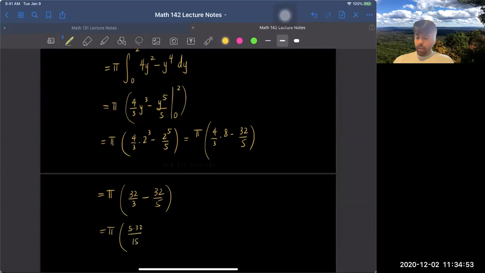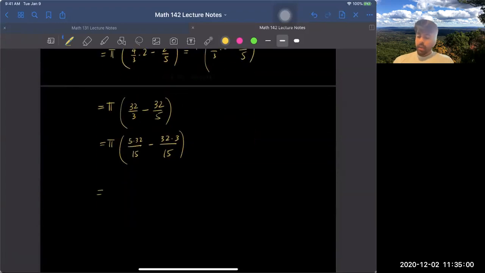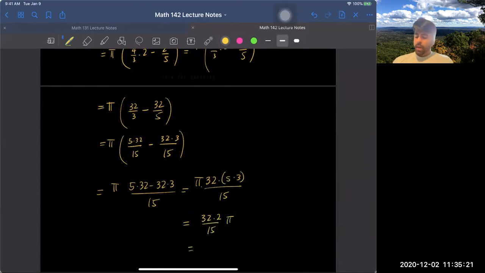So this will be 15 minus 32 times 3 over 15. And then we can write this as 5 times 32 minus 32 times 3 over 15. I can factor out the 32 and I get 32 times (5 minus 3) over 15, times pi. This becomes 32 times 2 over 15 pi, which becomes 64 over 15 pi.